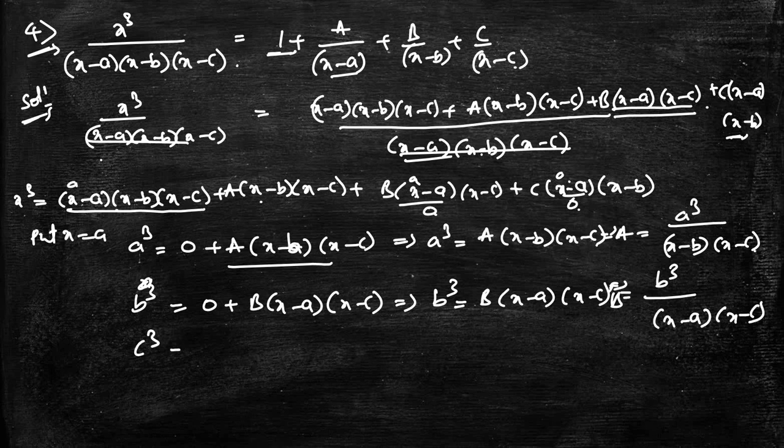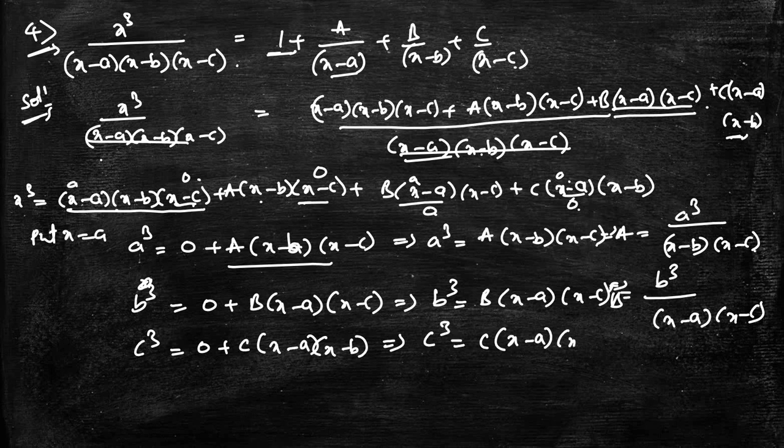Similarly, c cube also will come as 0 plus c into (x - a)(x - b), because I am substituting the values, the zeros will come. If I substitute x is equal to c, c cube is equal to c into (x - a)(x - b), so c is c cube divided by (x - a)(x - b).